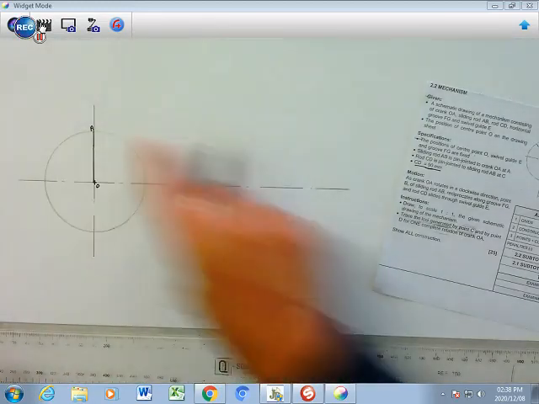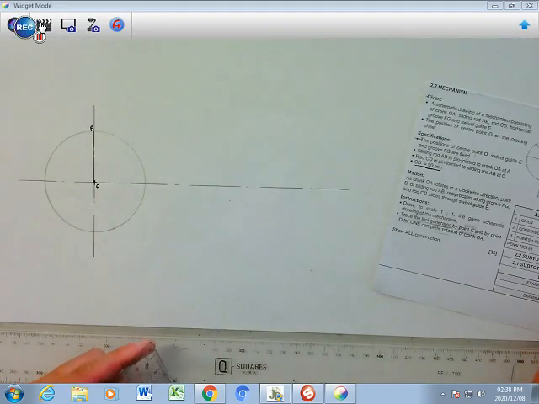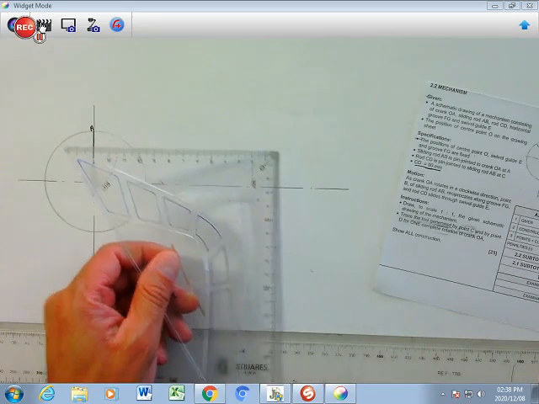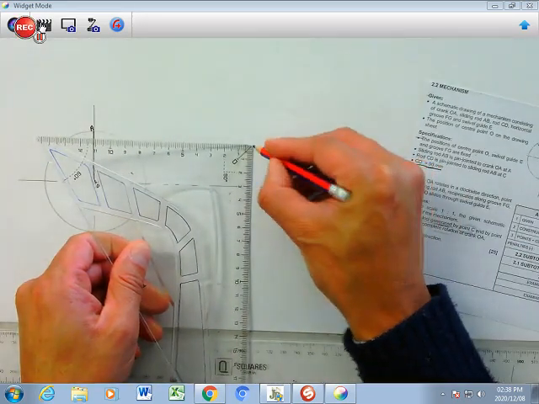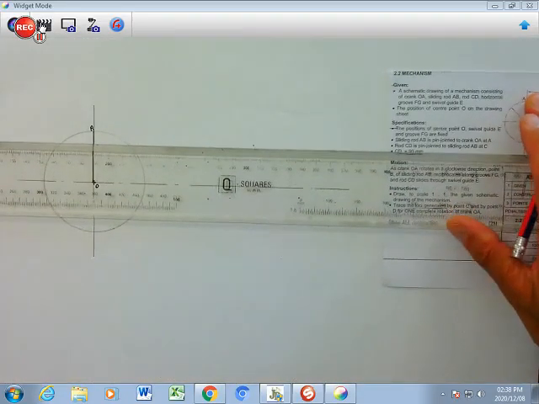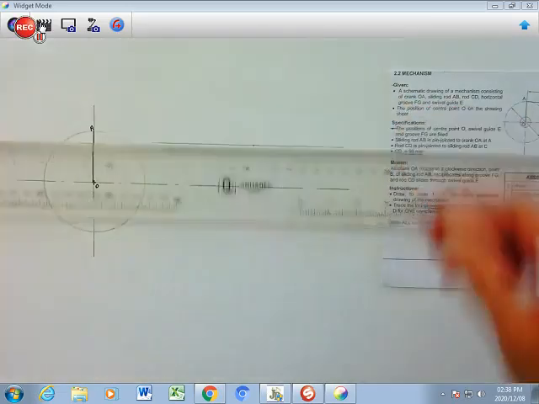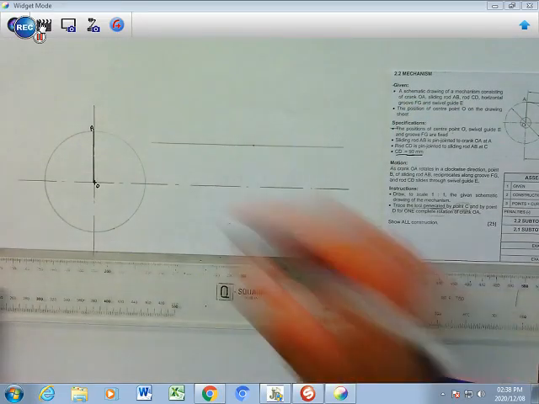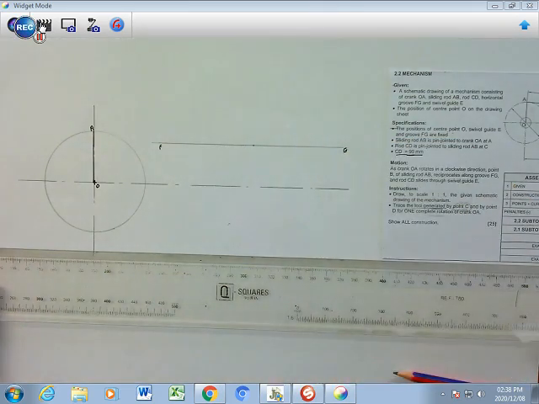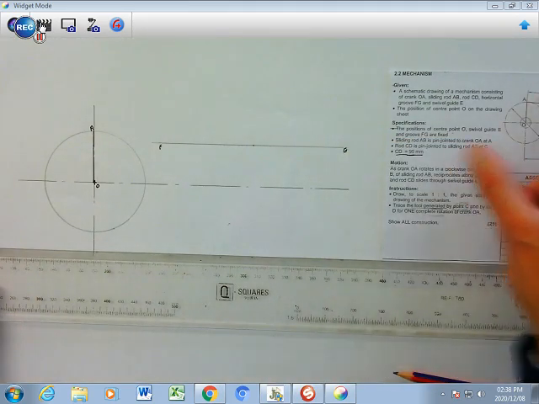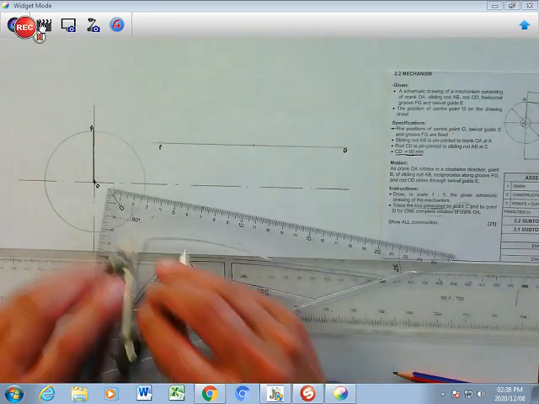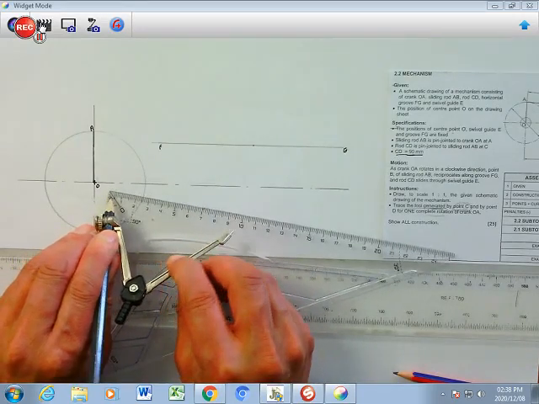Then there is a rod AB that slides on FG, so FG is 30 above the middle line. So let me just put that in there. Here's my slide, and I'm going to label that as FG slide, and B is attached 105 from A. So I'm going to take my compass, open up this 105.